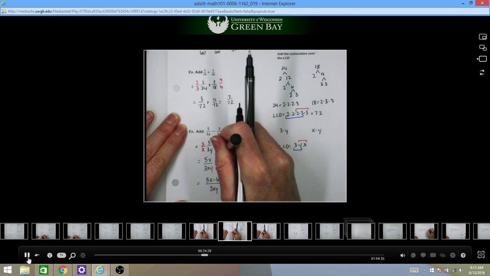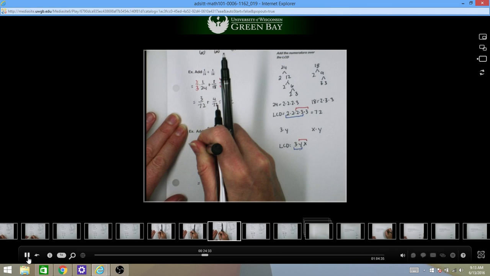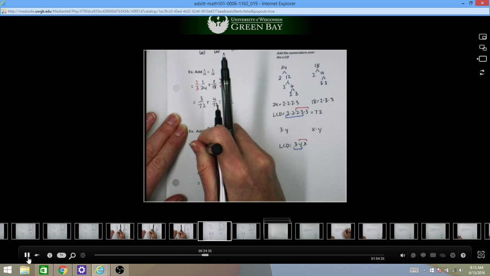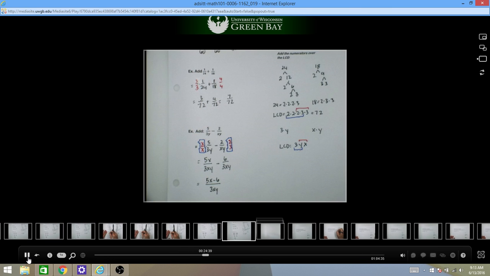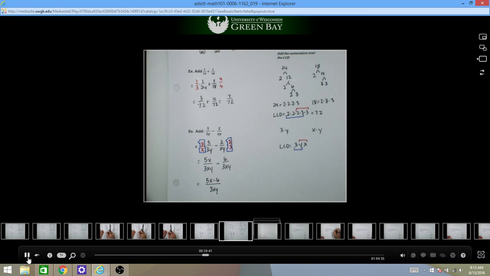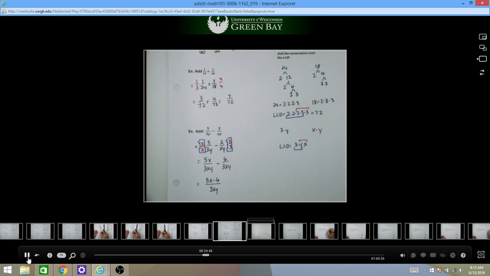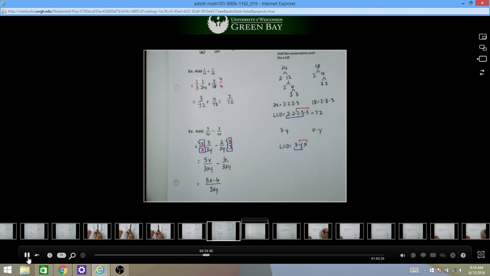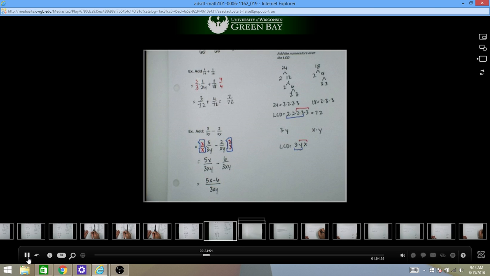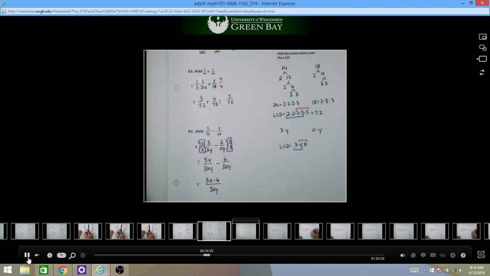A lot of algebra is just rewriting stuff so that it's equivalent but written differently. So you want stuff to stay equal as you rewrite it. And if you take something and multiply it by 1, it stays equal to what it was already. Does anybody have any questions? Okay.